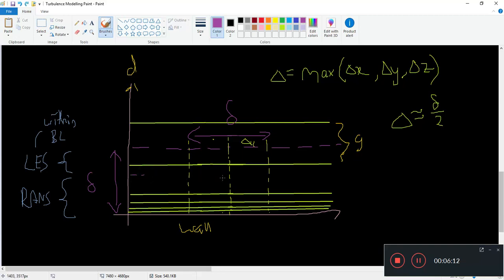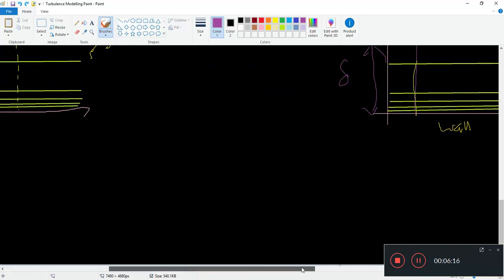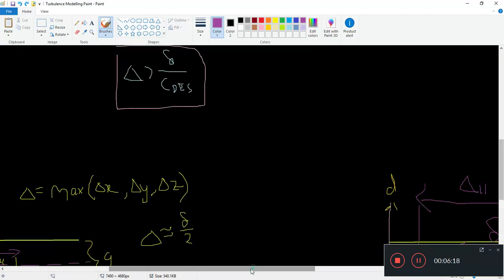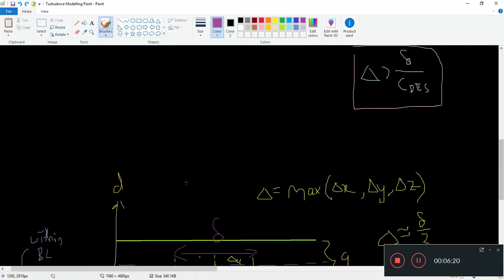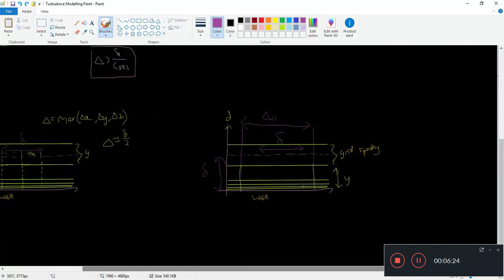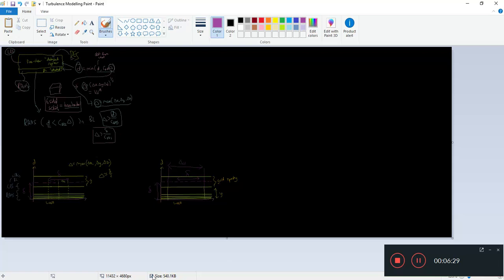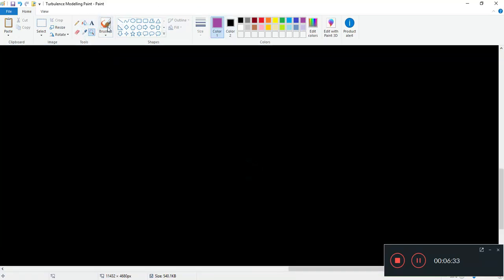Let's talk about the normal intention of DES first. Let me find another grid for you. Let's go here on this empty space. Let's talk about the original intent of DES, right?